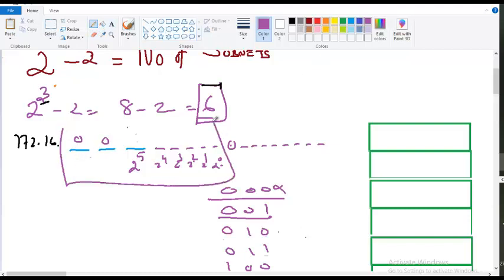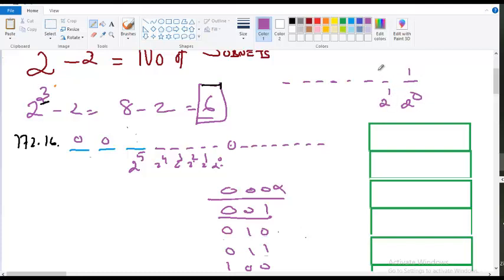This 8 bit: 1, 2, 3, 4, 5, 6, 7, 8. 2 to the power of 0, 2 to the power of 1, 4, 8, 16, 32, 64, 128.